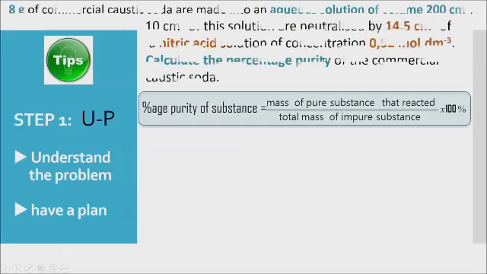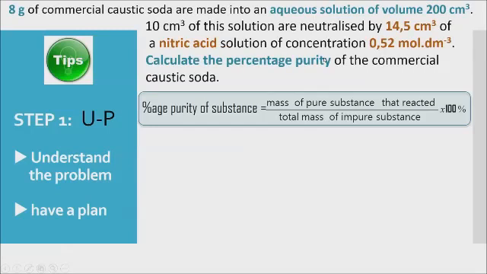So let's read. In chemistry you need to read a lot. We say that 8 grams of commercial caustic soda are made into an aqueous solution of volume 200 cubic centimeters, 200 milliliters. Only 10 cubic centimeters, and that's where my proportion comes in. I'm only going to work with 10, but I must extend it later to 200.